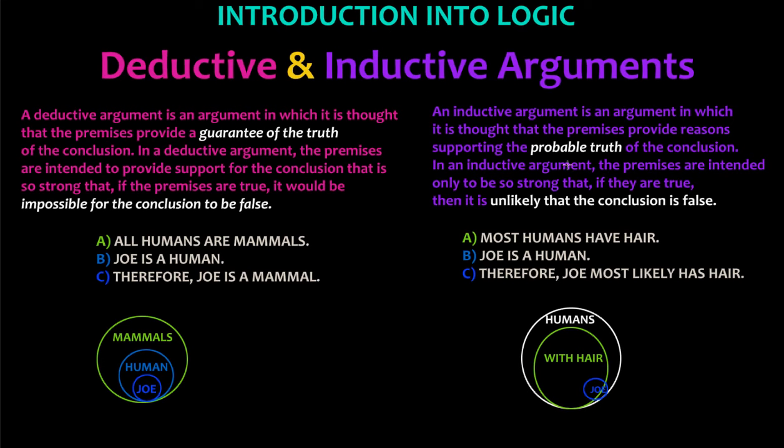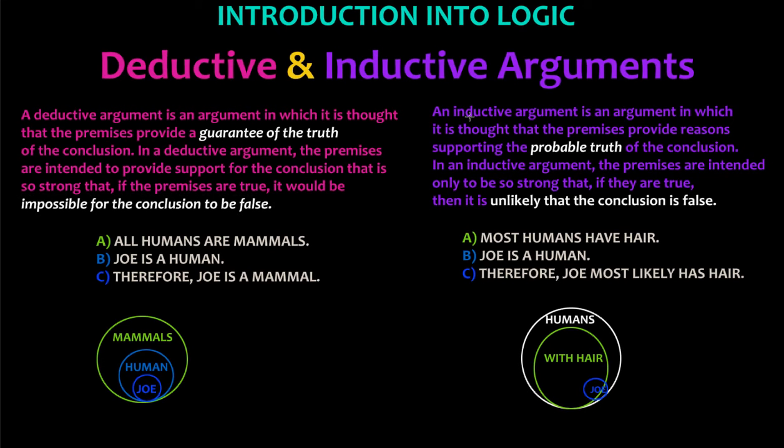In an inductive argument, the premises are intended only to be so strong that if they are true, then it is unlikely that the conclusion is false. Notice another similar difference. In a deductive argument, if the premises are true, it would be impossible for the conclusion to be false.